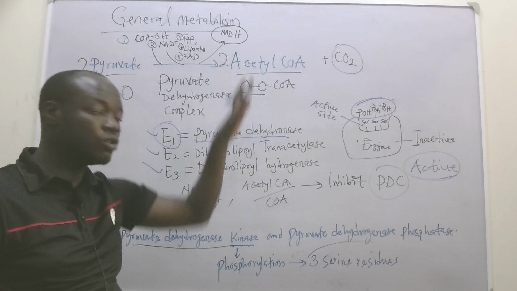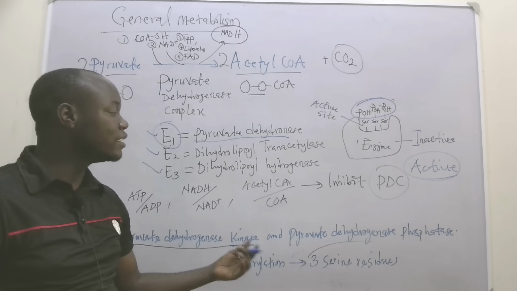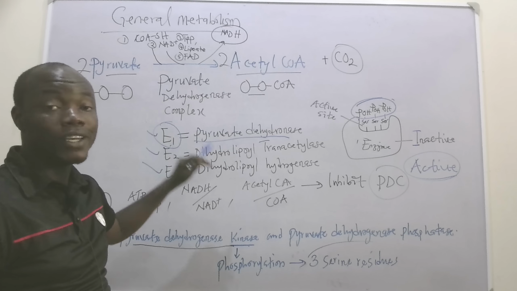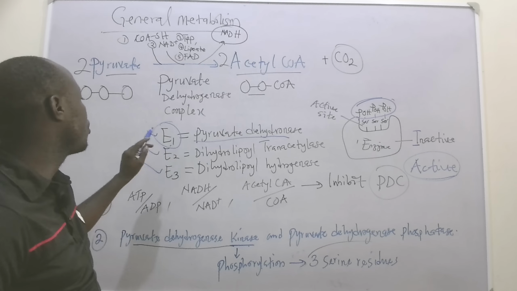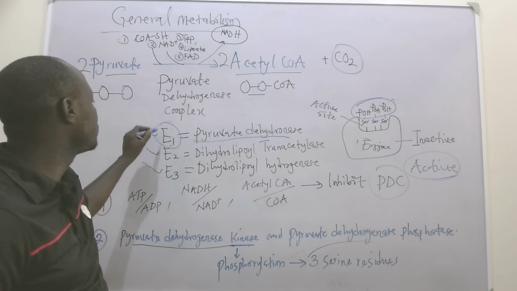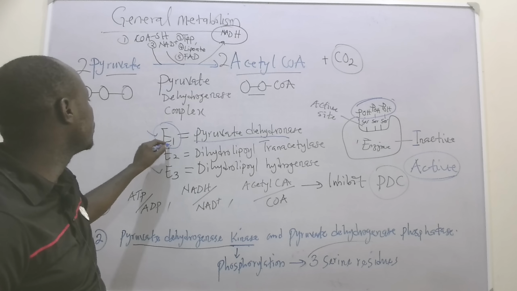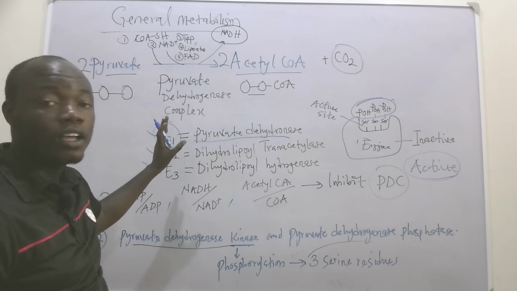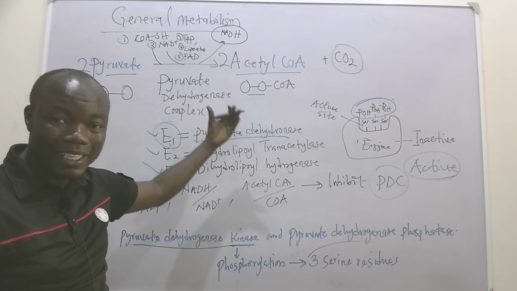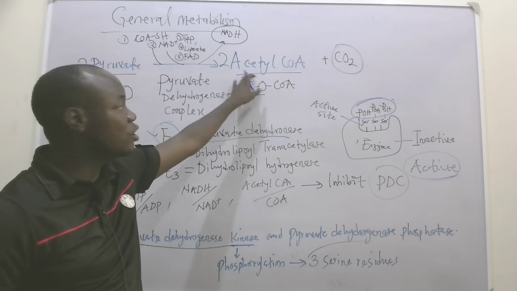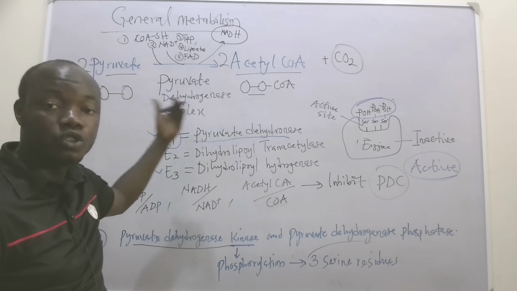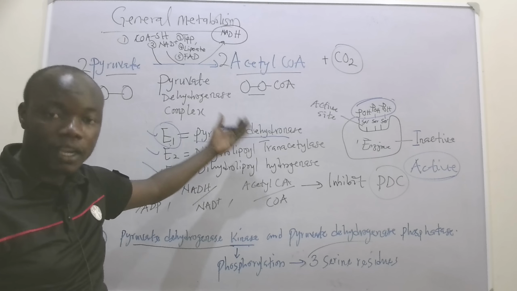So phosphorylation or dephosphorylation can serve as a mechanism of regulating the activity of the pyruvate dehydrogenase complex, specifically E1, so that it can either increase the formation of acetyl CoA, decrease it, or even stop it.